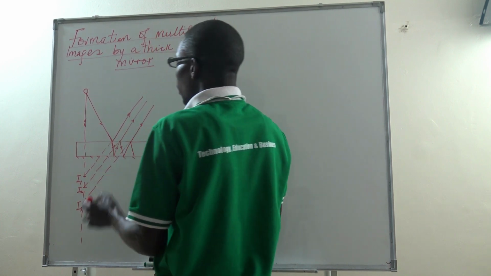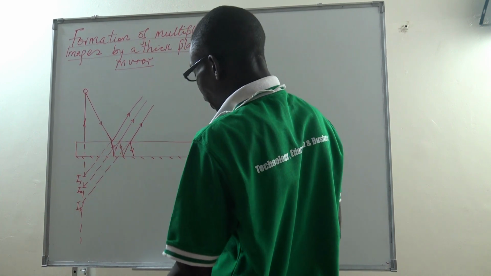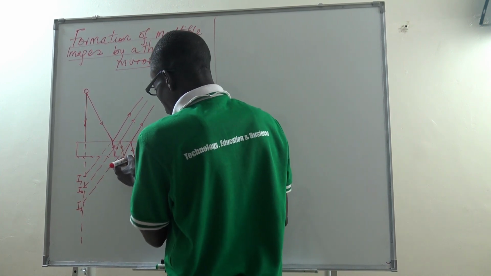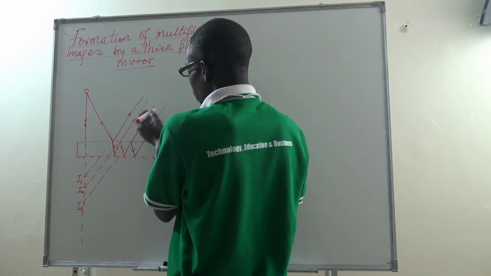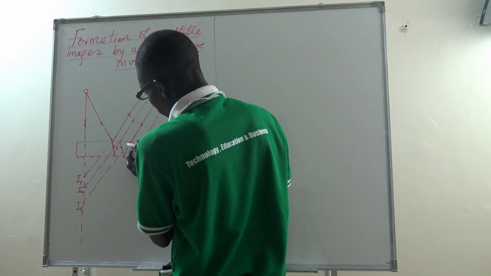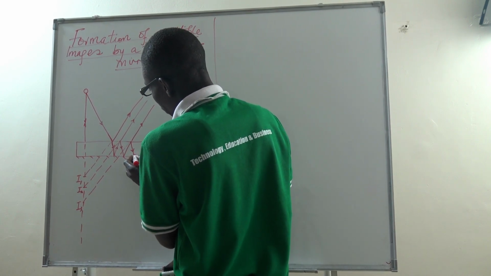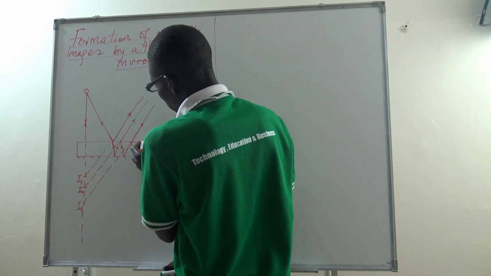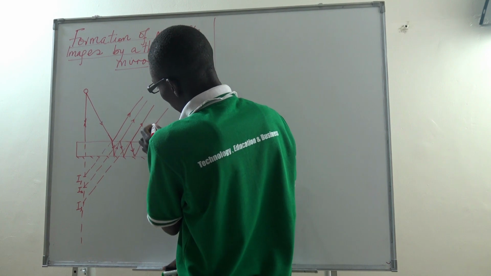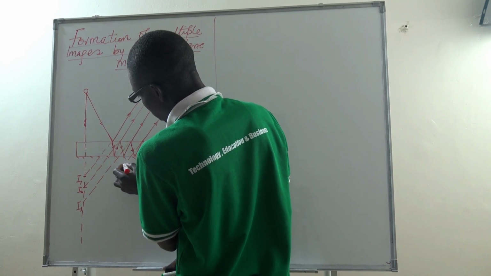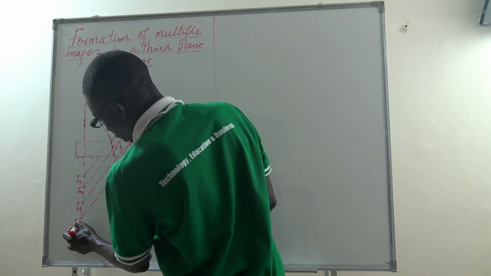And then the process will continue, not until there are multiples of images formed, because this one also will come here, reflected here, and now this one transmitted, let me draw it very well, this one here will be transmitted here, reflected there, and then transmitted, but appear to be coming from some other point at this point here, which is image 4.